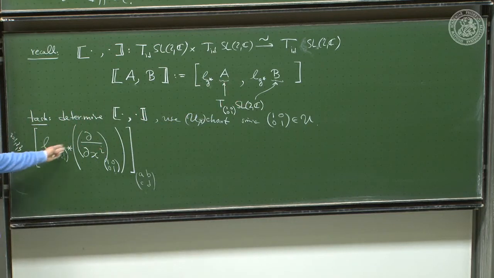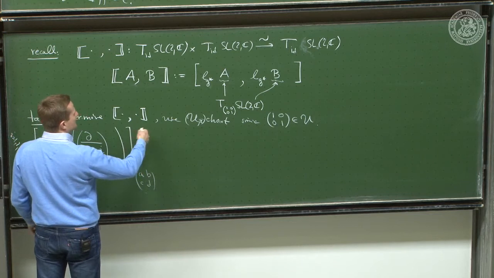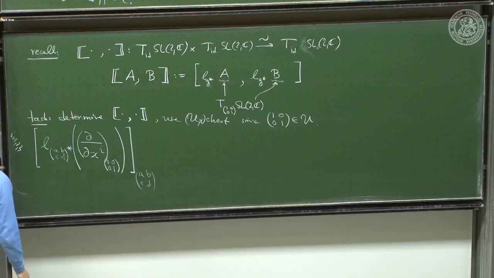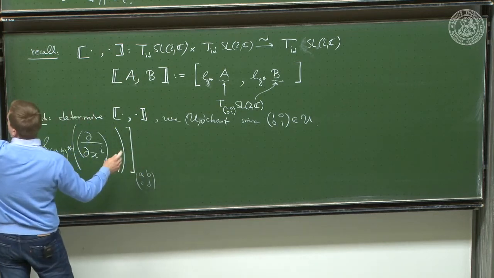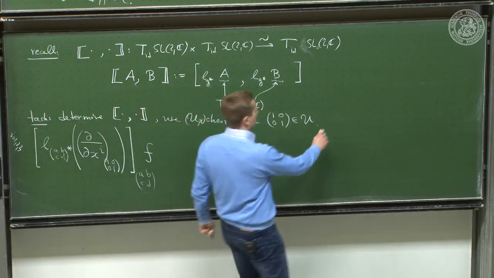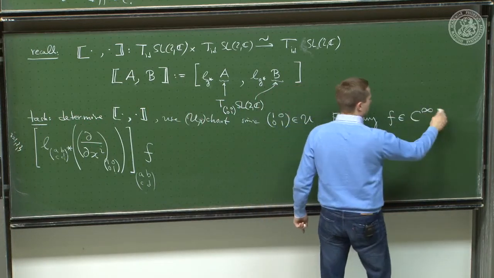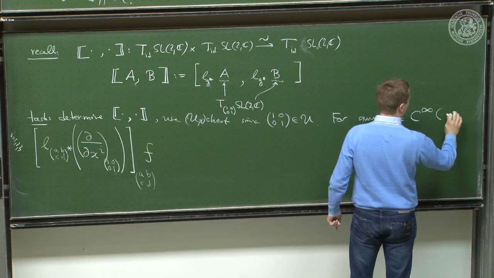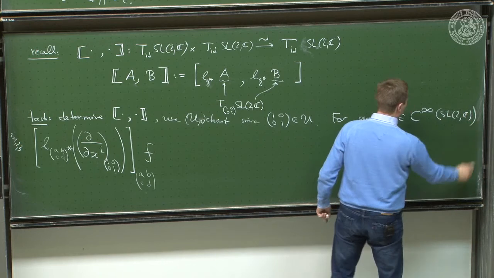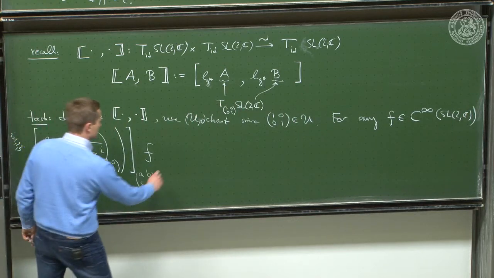Okay, so now I need to calculate this push forward. How do you calculate the push forward? Well, you check its definition. The map goes from SL2C to SL2C, so you have to act on a function that lies in the target. So for any smooth function f on SL2C, we act on this, and that way we want to find out what kind of vector field this is.